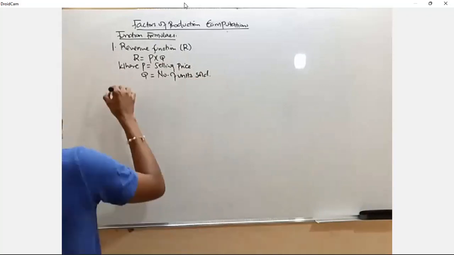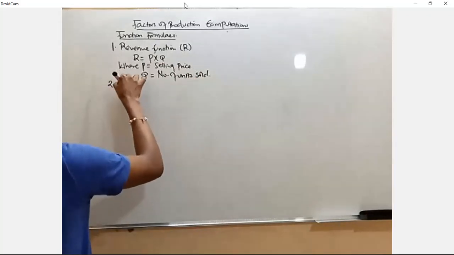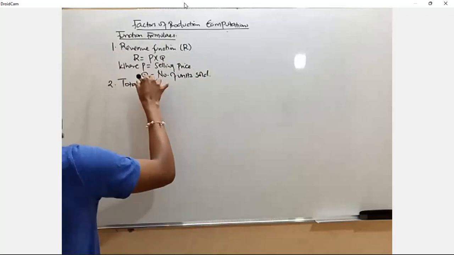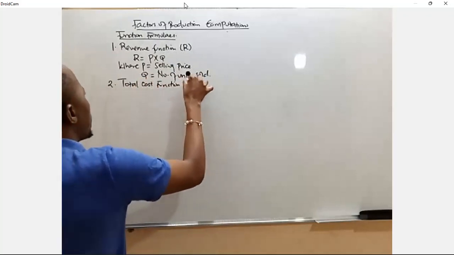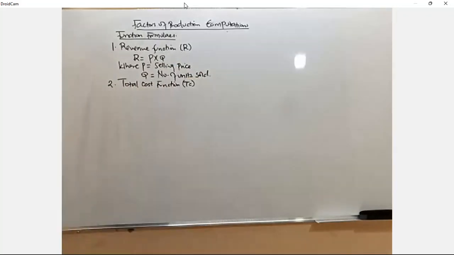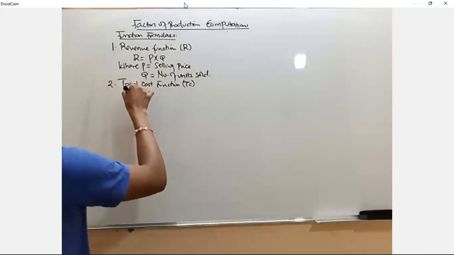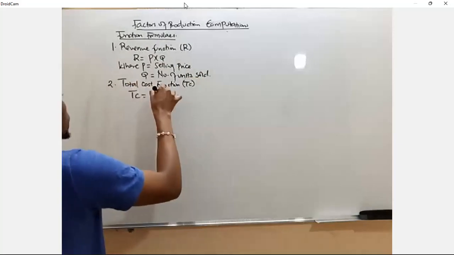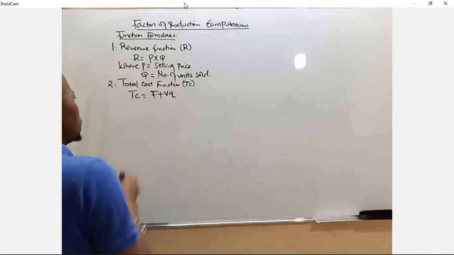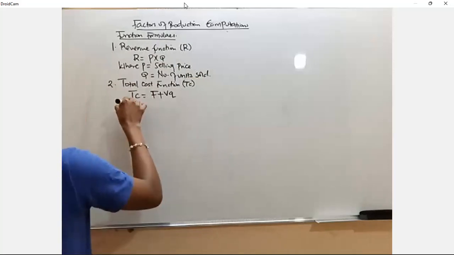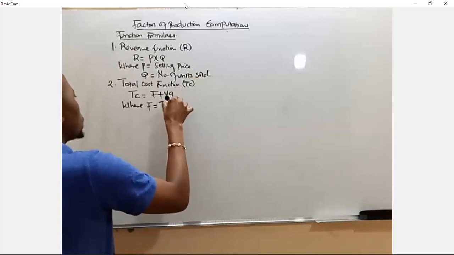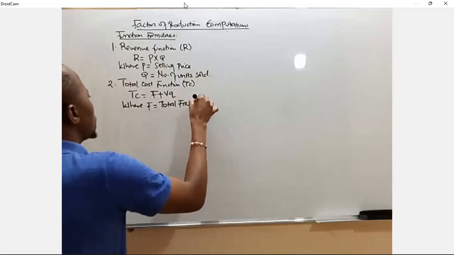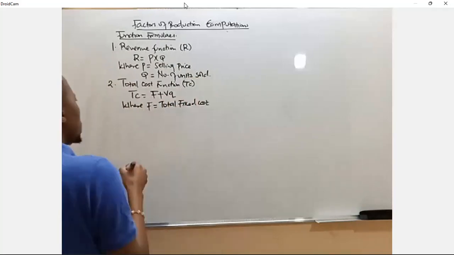Now, number two, we have to look at the total cost function. To get my TC here, we normally take F plus VQ, right? Where our F is equal to the total fixed cost, right?